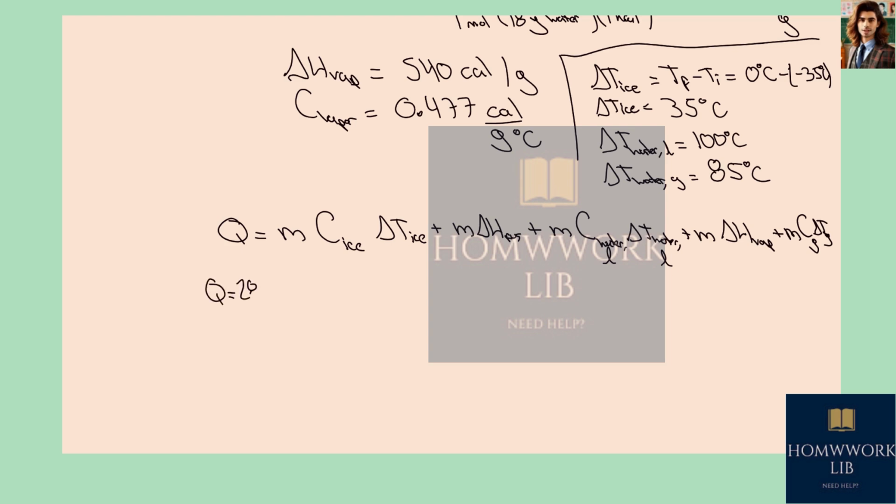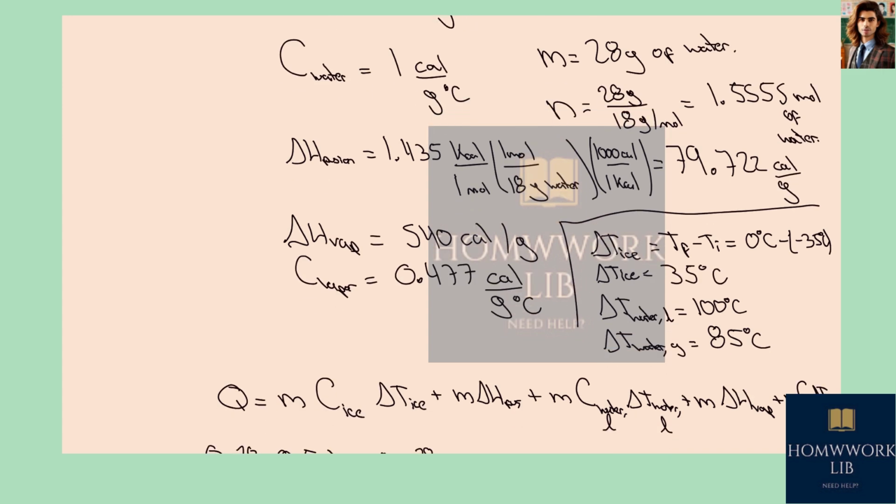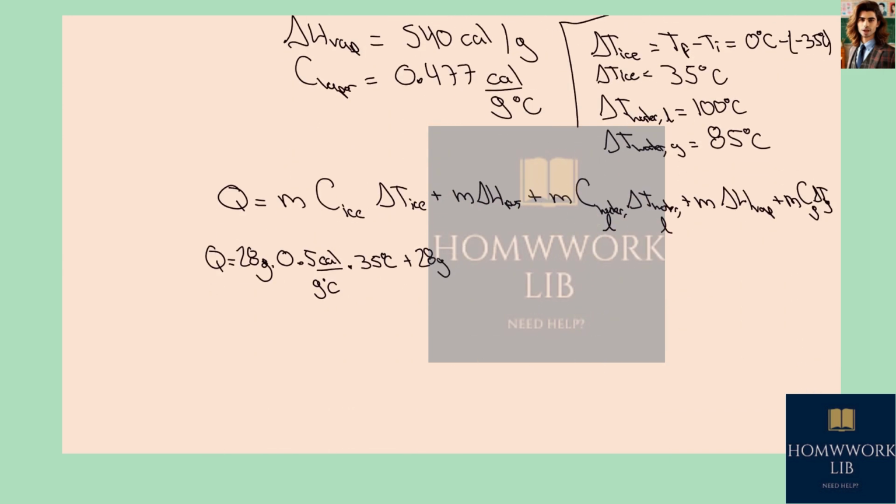So 28 grams times heat capacity of ice, that is 0.5 calories per gram degree Celsius, times 35 degrees Celsius, that is the delta T for ice, plus 28 grams times delta H of fusion. We're going to use the value in calories per gram, so 79.722.